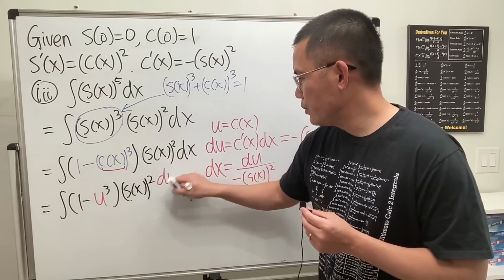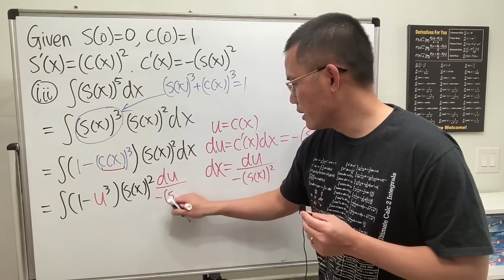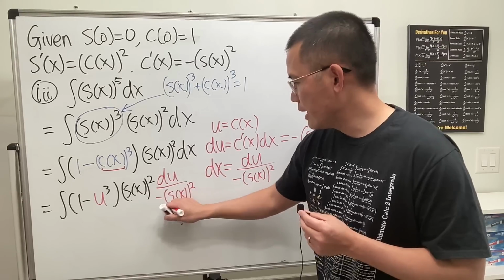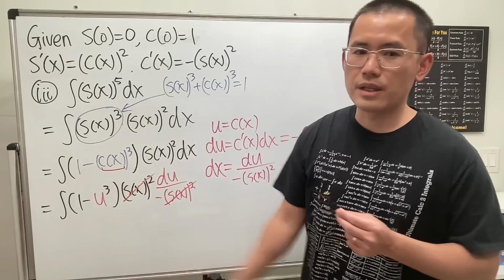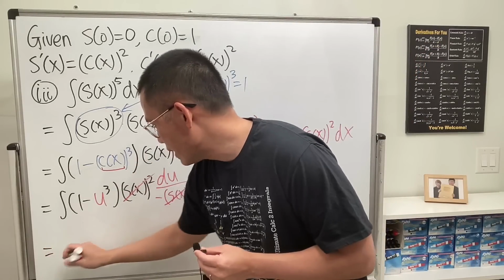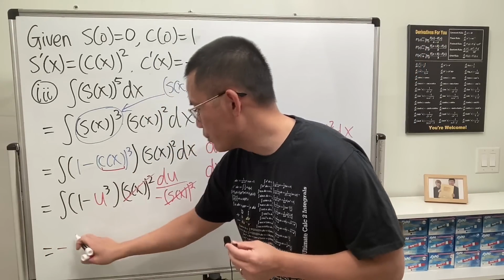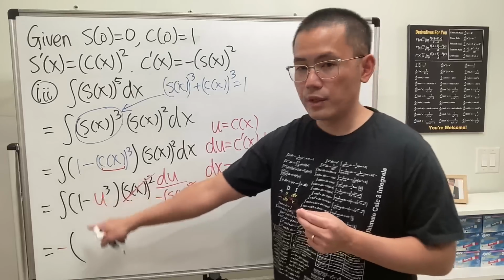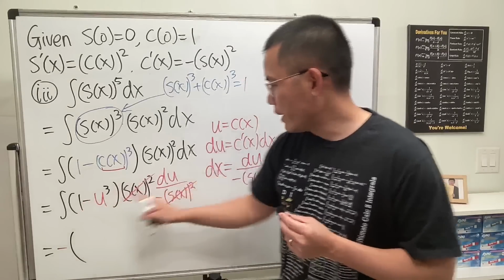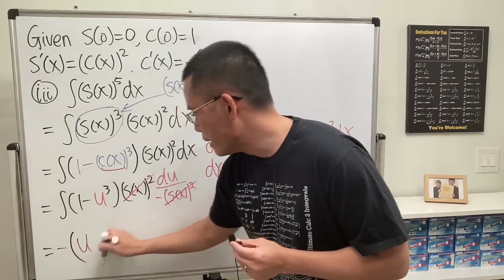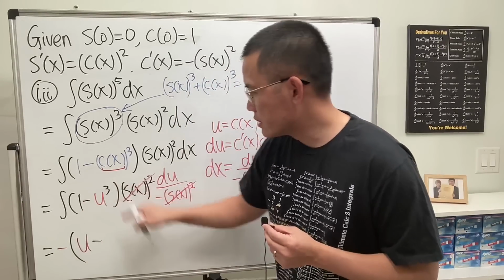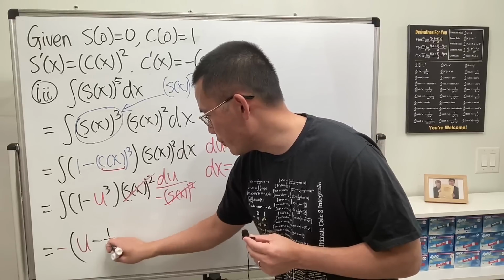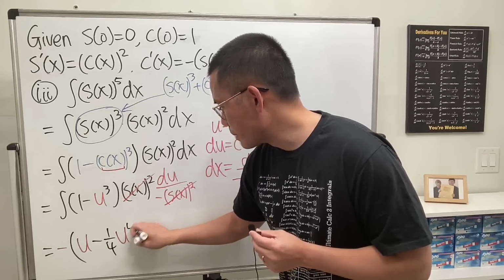So du over negative s of x squared, and this and that cancel, and a negative on the outside. So we have a negative, and then I'm just going to put down the parentheses for the result of the integration. Integrating 1 in the u world, we get u, and then integrating u to the third power in the u world is 1 over 4 u to the fourth power.